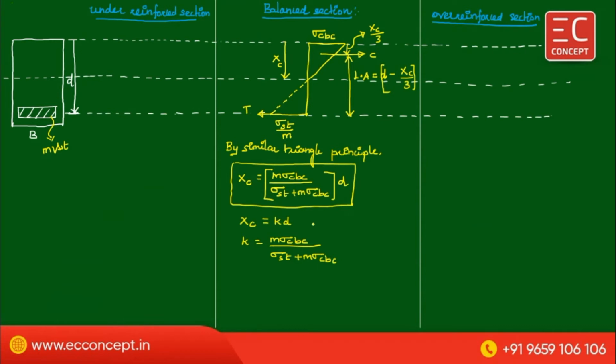Now put M is equal to 280 divided by 3 sigma CBC, the modular ratio.